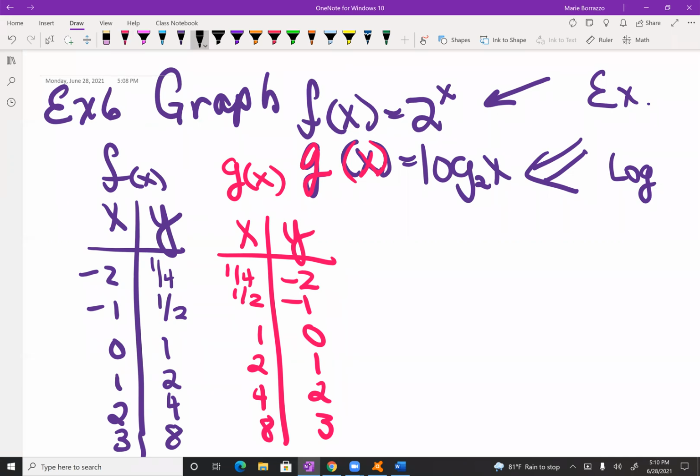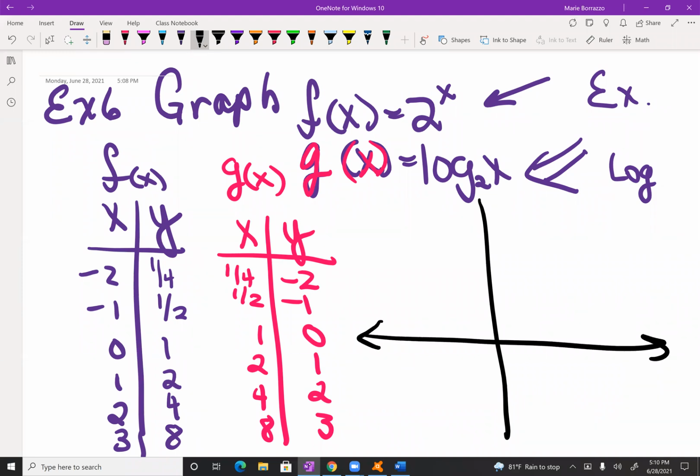If I put them on a graph in purple, I'm going to graph the 0, 1, the 1, 2, 2, 4, and 3, 8. Okay, and that comes this way. Remember, these are inverse one-to-one functions, so you can get away with this.